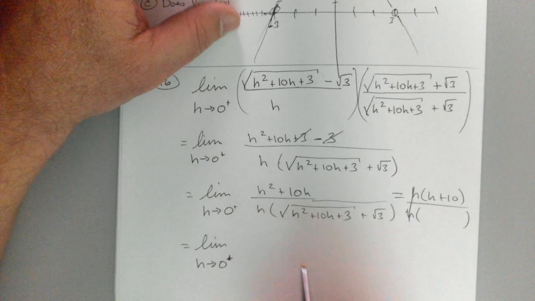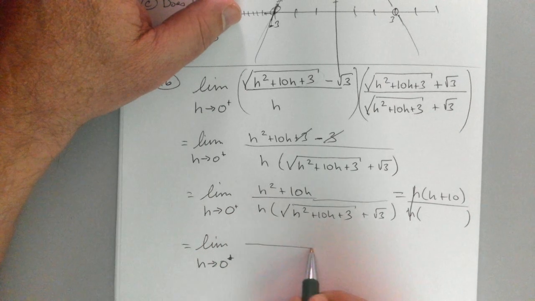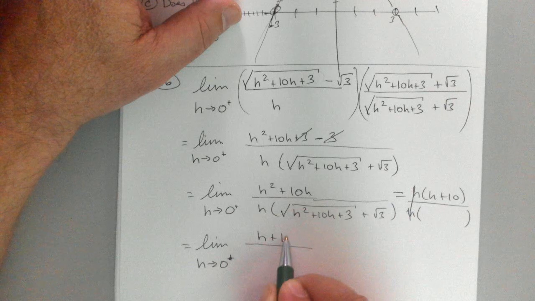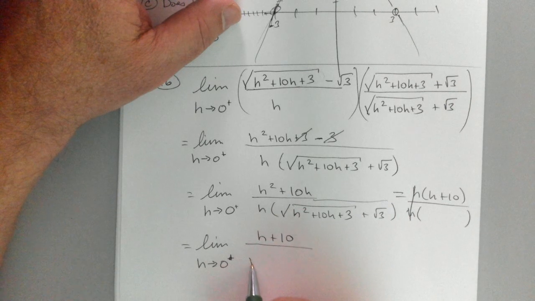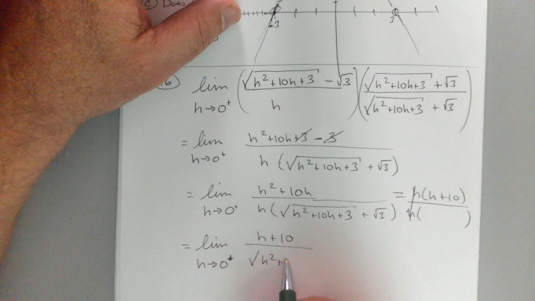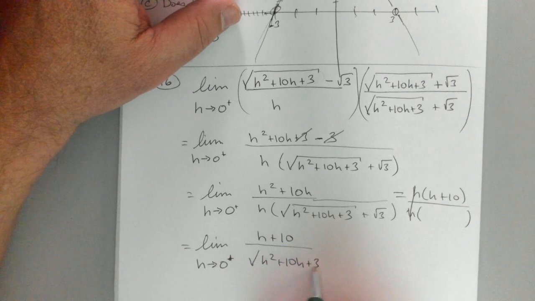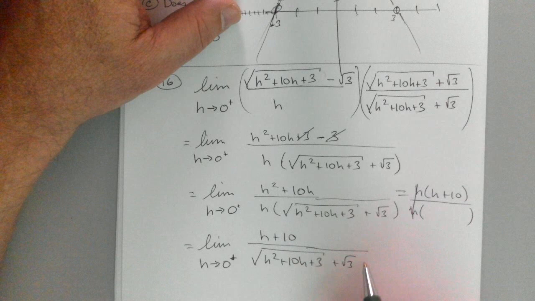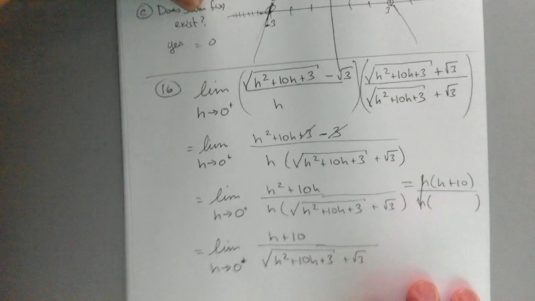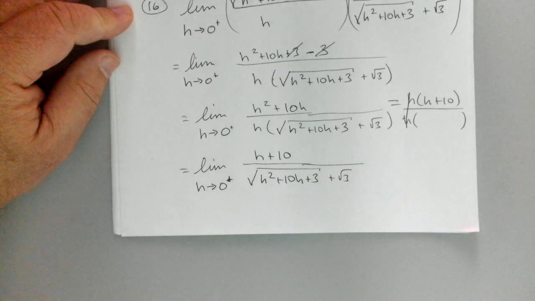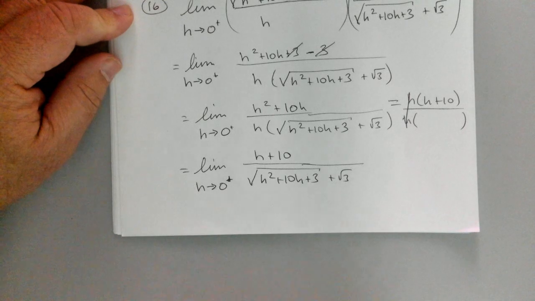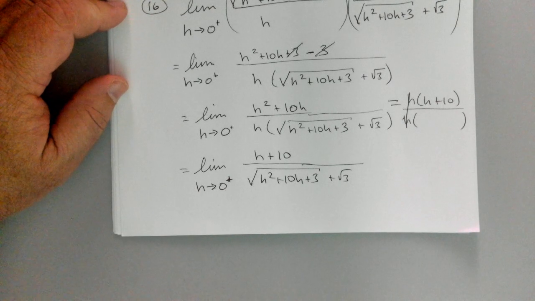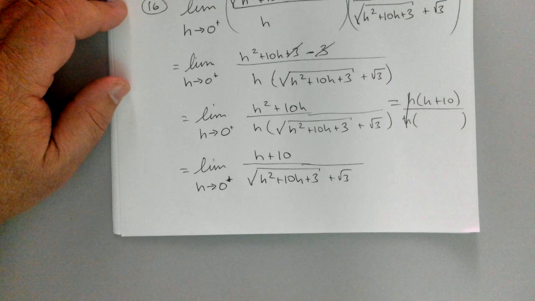So we have the limit as h approaches 0 of h plus 10 over radical h squared plus 10h plus 3, plus radical 3. Now can we plug in 0?